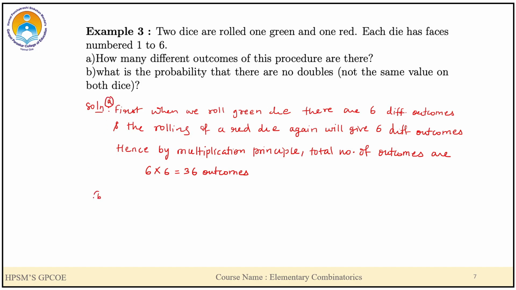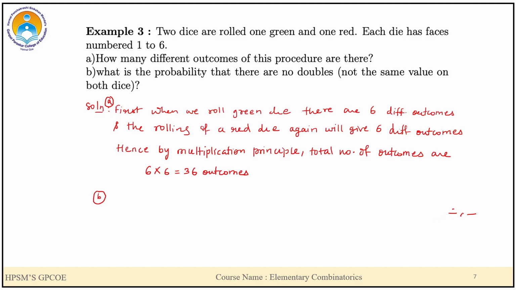Now the solution for part B. You can see we need to find out the probability that there are no doubles. So we have these two possibilities. When we roll a green die, we will get some number here, and the same number should not repeat here. So when we roll a green die, we will get some outcome. We'll keep that aside and we roll a red die.